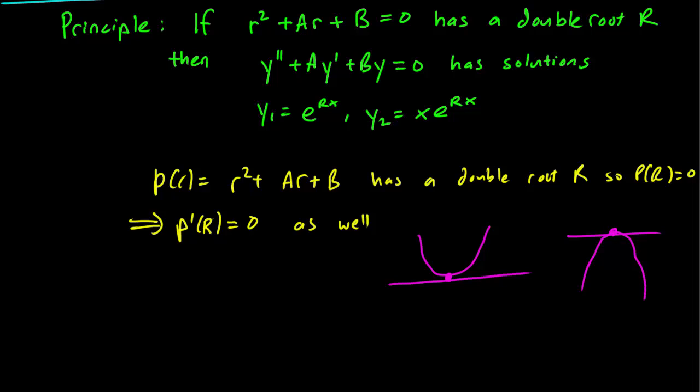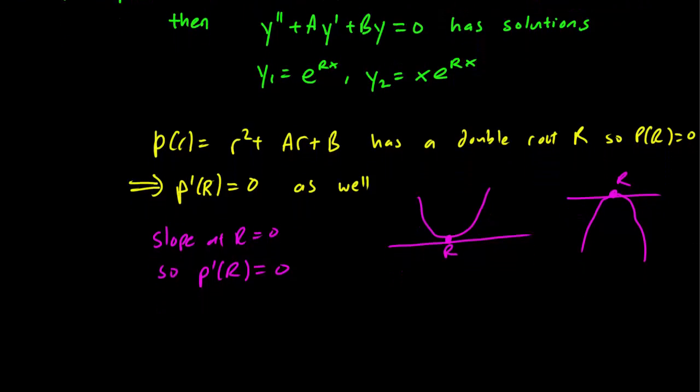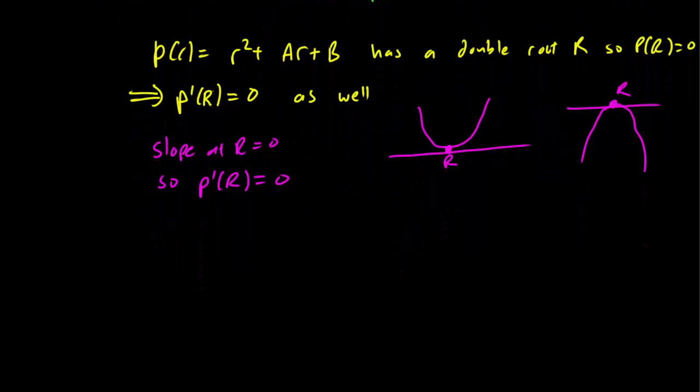This is where the double root is, either here or here. What is the slope of the line at r? The slope is 0. So that means the derivative at r is 0. That is one way to look at it, using the geometry.